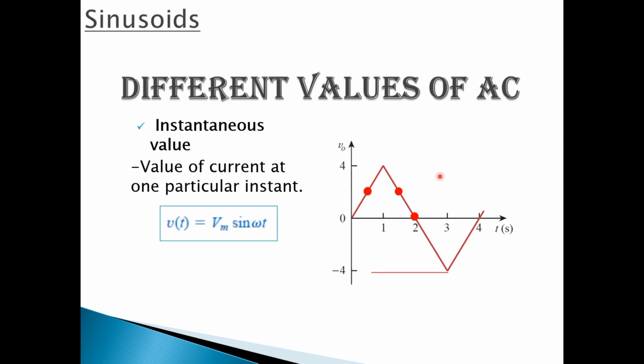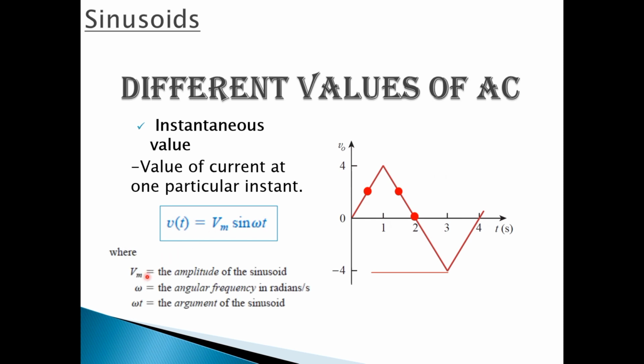It is denoted by v(t) = Vm sin(omega t), where Vm is the amplitude of the sinusoid. Amplitude is the height of the waveform. Omega is the angular frequency in radians per second, and omega t is the argument of the sinusoid. So omega t is the angular frequency multiplied by time.